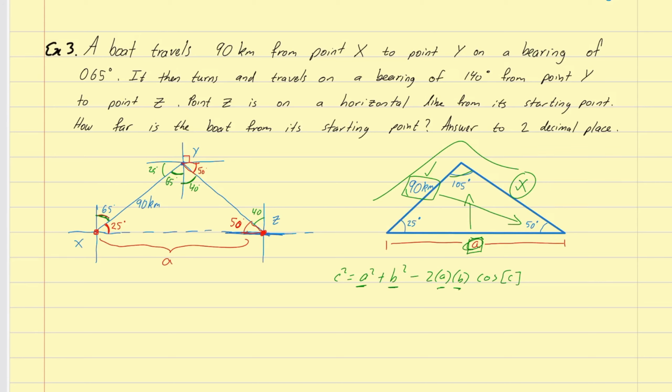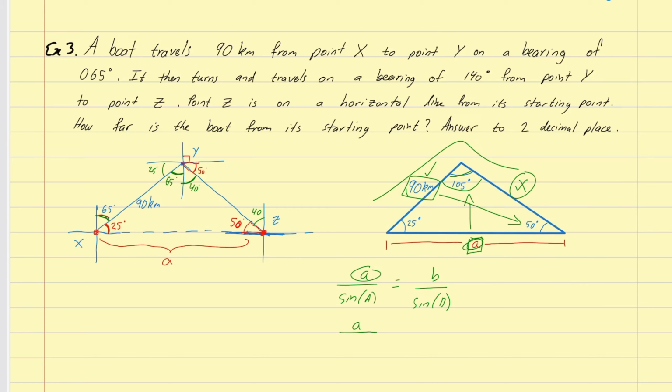So now where does my mind go to? My only other option would be the sine rule. Now let's have a look at what the sine rule said. So a over sine of the angle A would equal b over sine of the angle B. Now look at this. I'm trying to work out what A is, right? Sine of A is just going to be the angle opposite the side. Do I have that? Yes, I do. And that's what we have over here, which was 105. So let's write what we have so far.